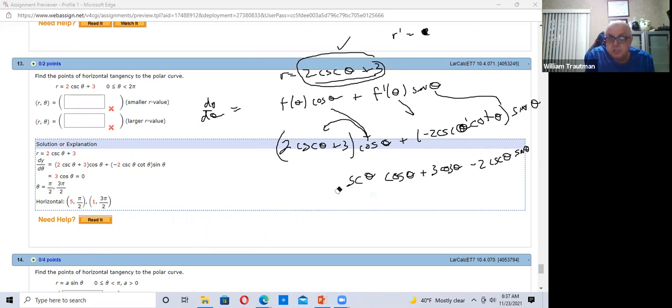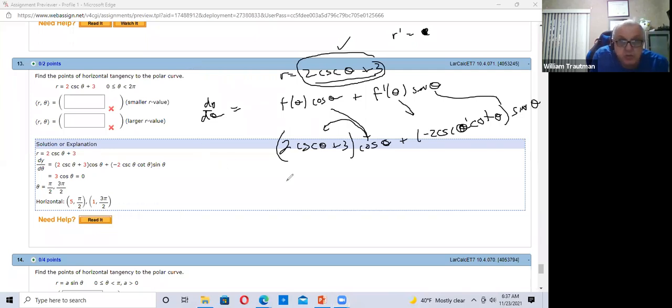Let me clean this up a little bit. So we ended up with 2 cosecant theta times cosine theta plus 3 cosine theta minus 2 cosecant theta sine theta cotangent theta.